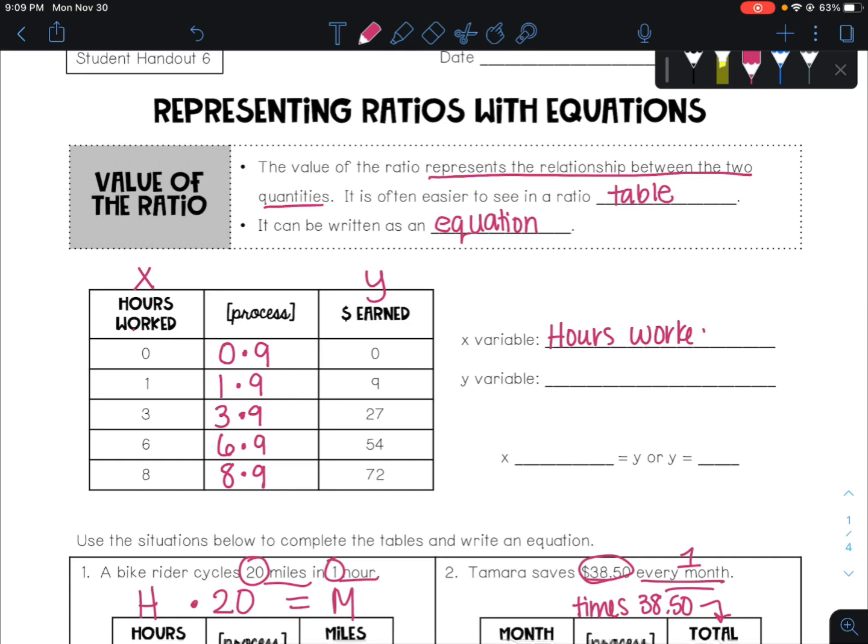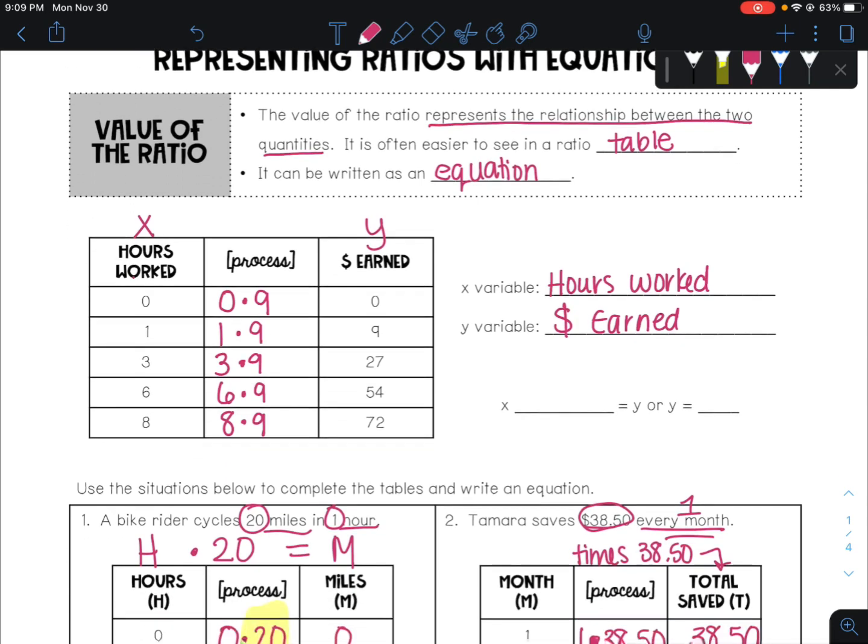We will talk more about why those labels are those labels when we get into the next unit and we get a little bit more specific with some of these things, okay? And then y is the money earned. Just literally because the first column is always x, the second column is always y. It's just a standard.